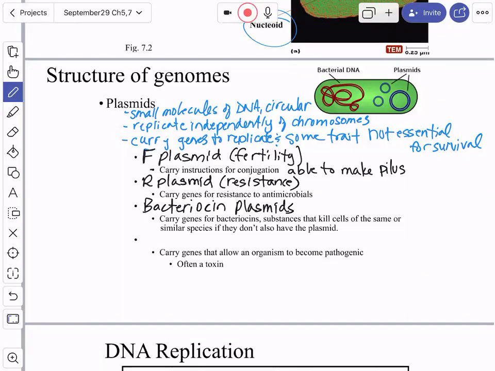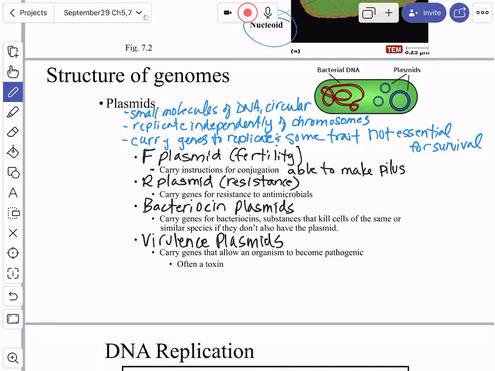Okay. And then virulence plasmids. We will be talking soon in another few weeks about virulence factors. These are just anything that a cell can do in order to make it more successful to form an infection or to cause damage in a host.